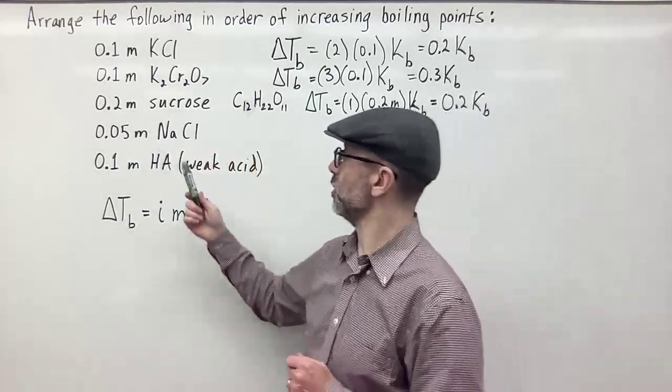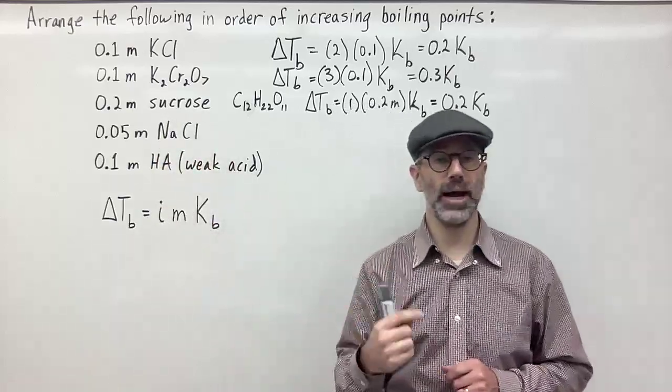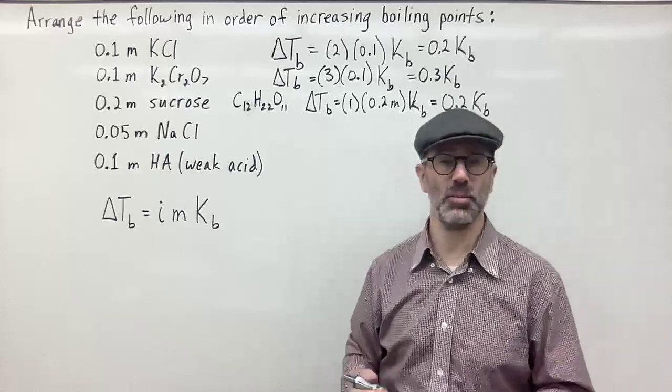Next, I have sodium chloride. For every one of these, I'm going to get 2 ions, a sodium ion and a chloride ion. So the Van 't Hoff factor is going to be 2.